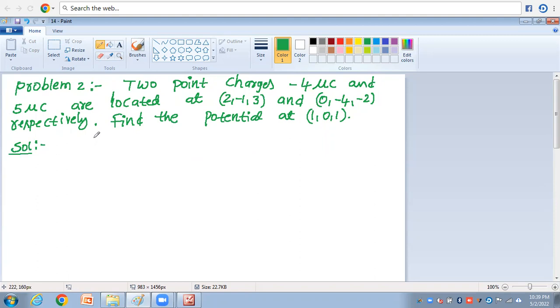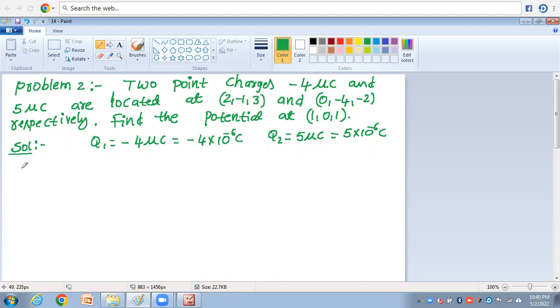Now the first charge Q1 equal to minus 4 microcoulombs is nothing but minus 4 into 10 to the power of minus 6 coulombs. Another one, Q2 equal to 5 microcoulombs is nothing but 5 into 10 to the power of minus 6 coulombs. Now, if V at infinity equal to 0, then C naught equal to 0.